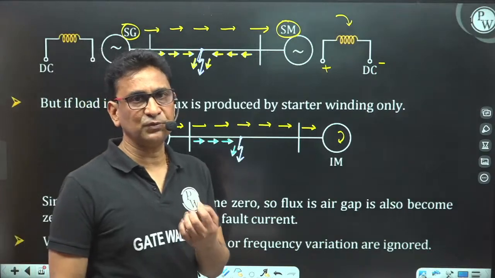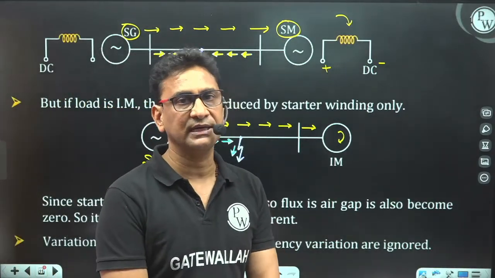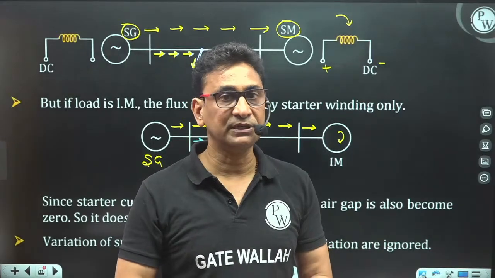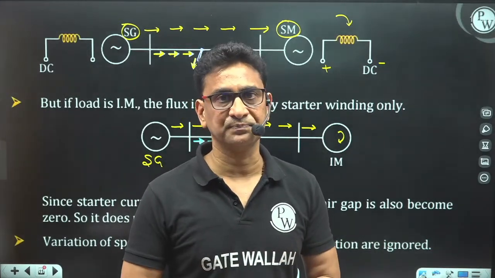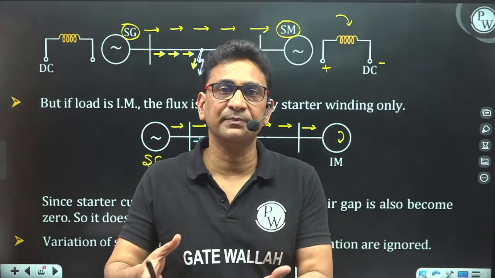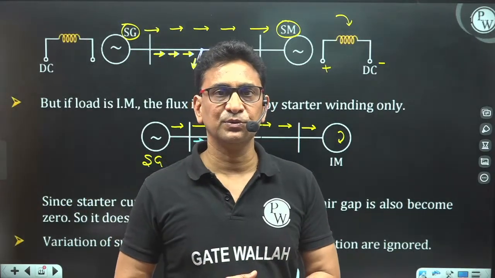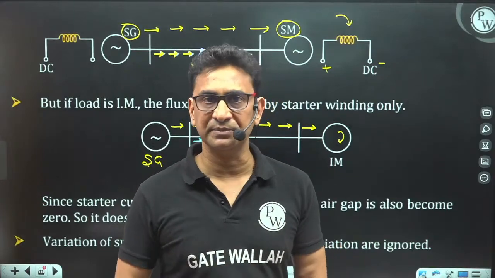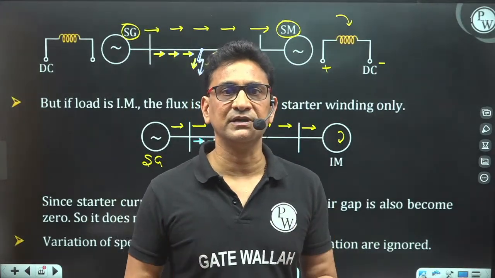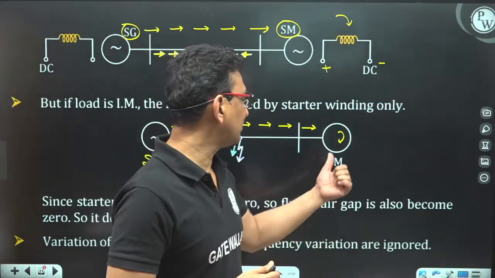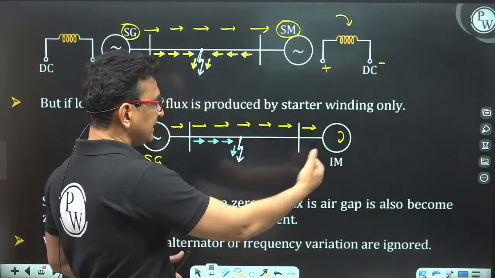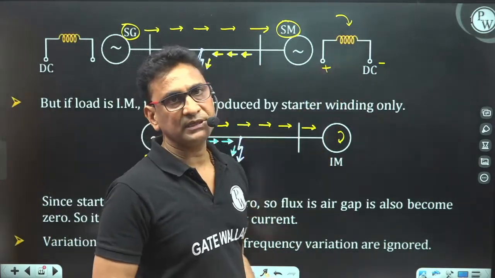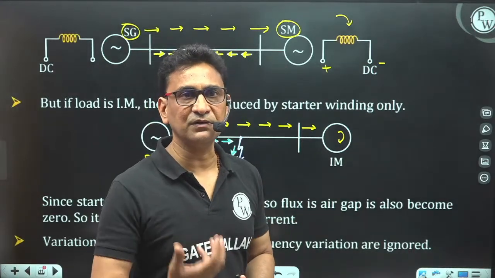If no current is flowing at the stator of the induction motor, that means the magnetic field becomes zero, because it is not a doubly excited motor. Its rotor is not excited by a separate supply. So whenever no current is flowing into the stator side, the magnetic field becomes zero and the induction motor will stop. So it does not participate to increase the value of fault current, but the synchronous motor participates to increase the value of total current.